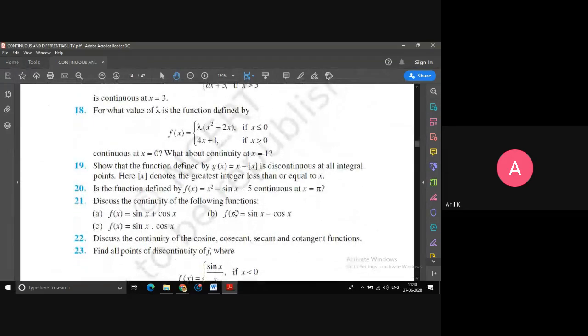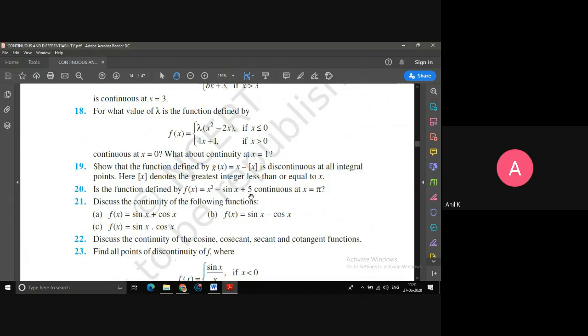Now, when I come to question number 20, is the function defined by f of x equals x square minus sin x plus pi continuous at x equals pi? Yes, it is a continuous function because x square is a continuous function, sin x is a continuous function, and pi is a constant function.